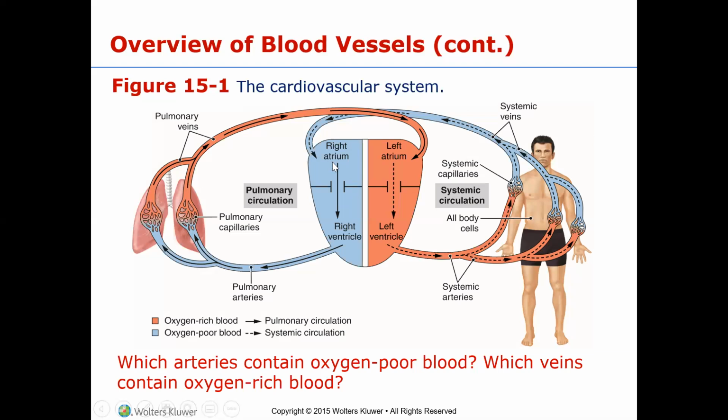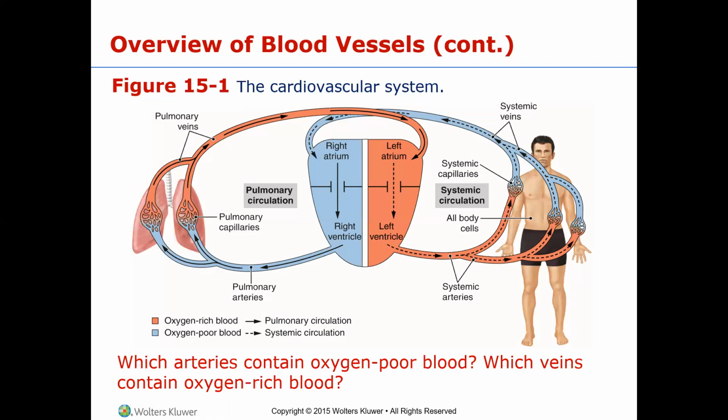So which arteries contain oxygen poor blood? That would be the pulmonary arteries, right? Because this is the blood that's returning from the system, which is deoxygenated, and so it needs to go out to the lungs to get the oxygen.